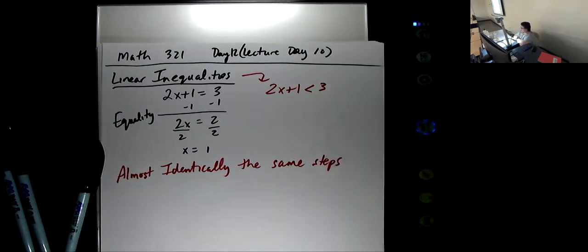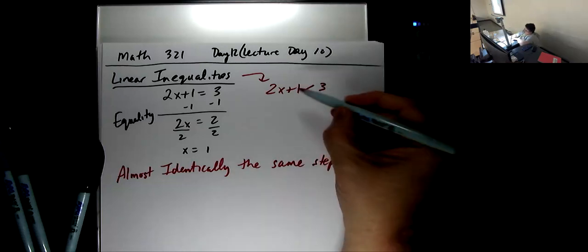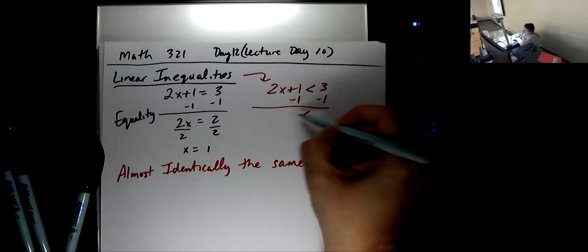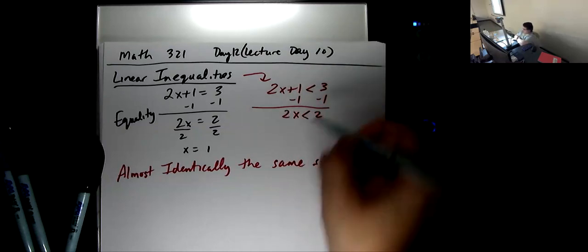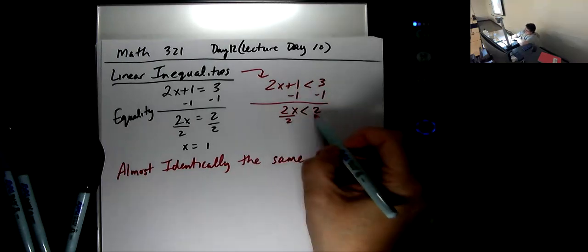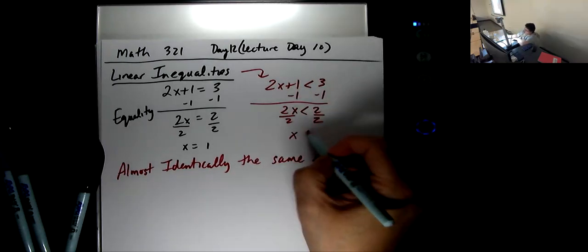Like here, it's going to be the exact same steps. I'm going to subtract 1, and I will have 2x is less than 2. And then I divide by 2, and I get x is less than 1.